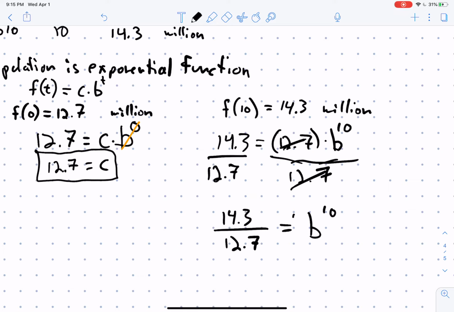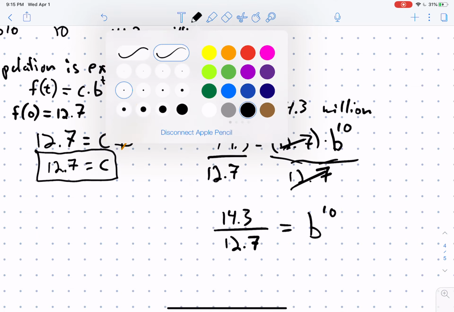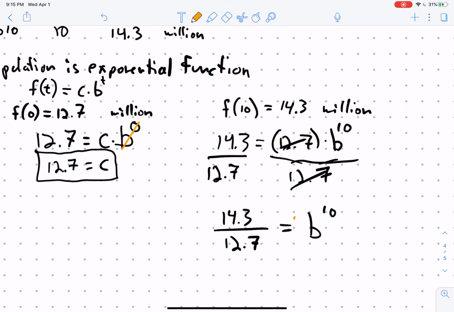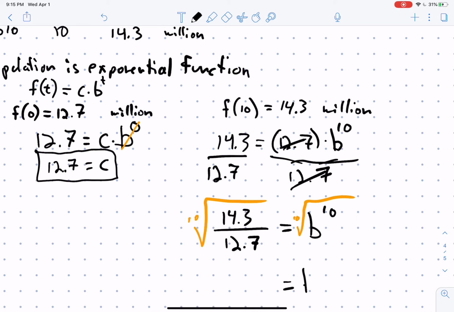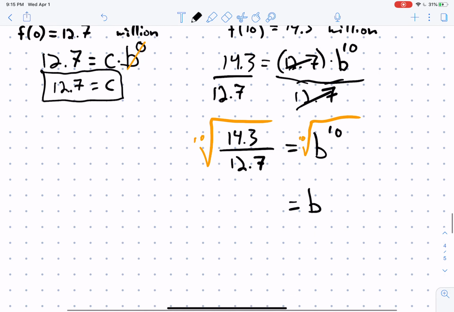Let me do it in another color so it's clear what we're doing here. We're going to take the 10th root of that side and the 10th root of that side. And what we get on the right is just b. That's great because we've gotten our base b by itself. And on the left-hand side, we have the 10th root of 14.3 over 12.7.